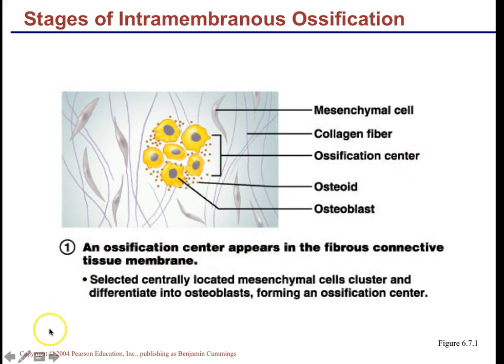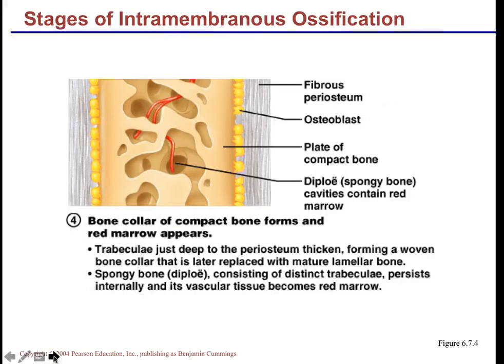Next, I'm going to fast forward to what happens at the end. As the process continues, more and more mesenchyme cells become osteoblasts. They then form compact bone on the edges and spongy bone in the middle, which is also called diploe.